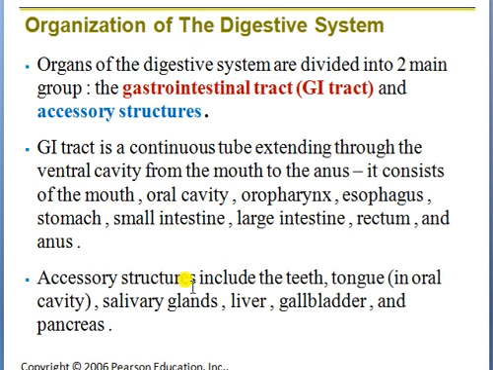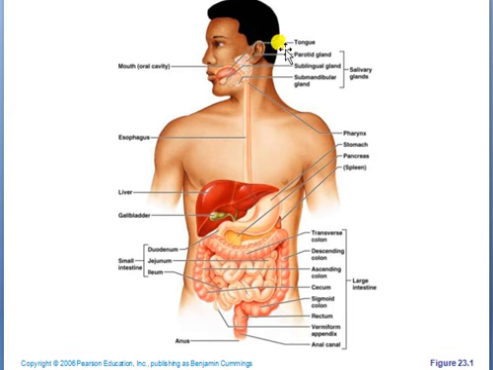The accessory structures are the teeth, tongue, salivary glands, liver, gallbladder and pancreas. So whatever we discussed, the GI tract and accessory organs.